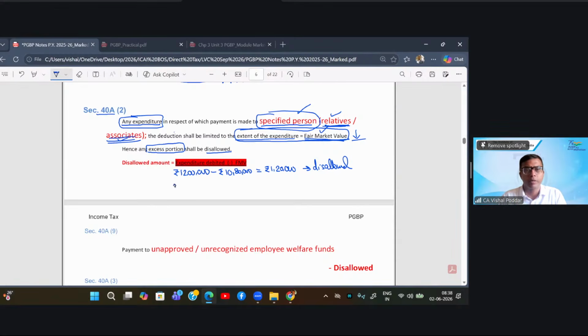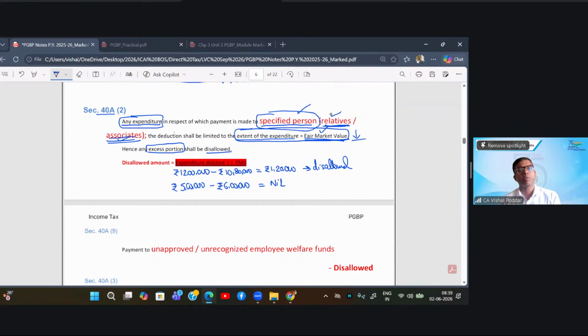So I'll take another example. Let us say you have paid salary to your sister, to your wife, aggregating to 5 lakhs. Now for the same job, any outsider would have charged 6 lakhs. Now in this case, there is no excess. In fact, you have paid less. Law has no problem with that.